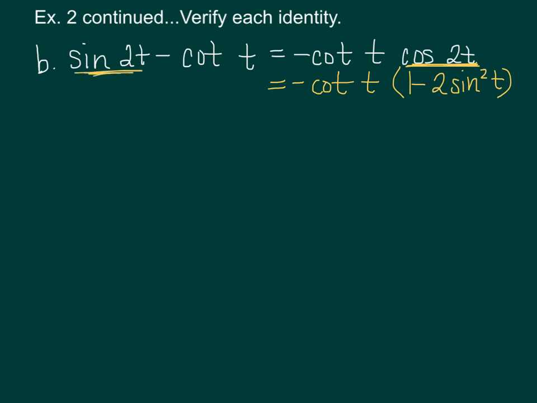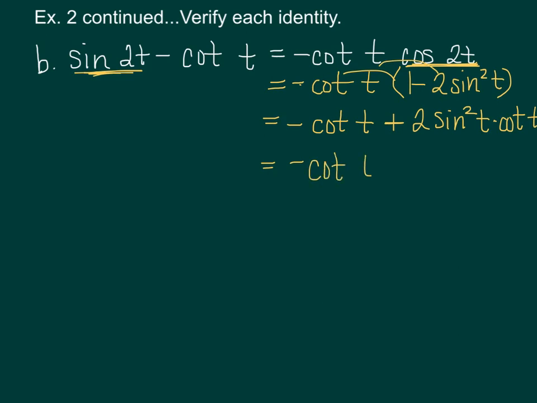we have a sine. So now I'm just going to distribute, and I'm going to get negative cotangent t plus, because a negative times a negative is a positive, 2 sine squared t times cotangent of t. So I'm going to bring this down, and if you notice, cotangent is equal to cosine over sine.